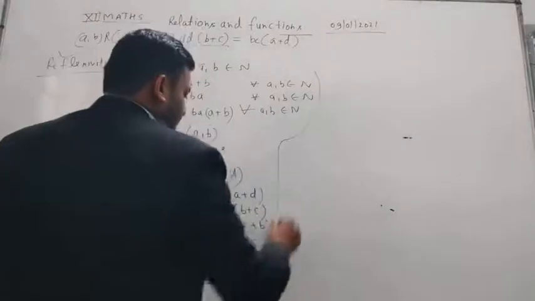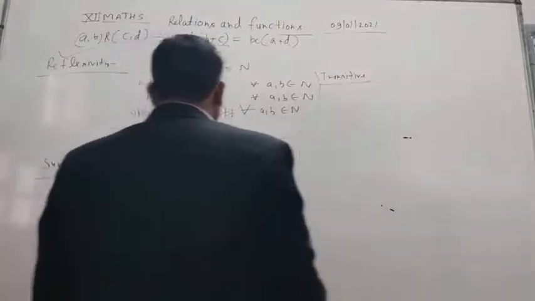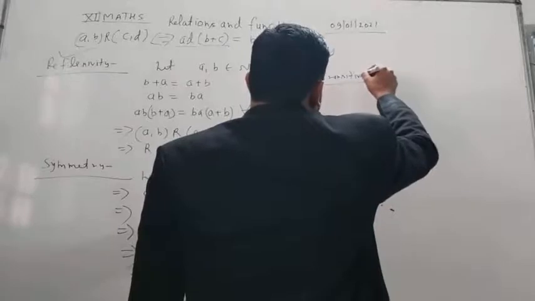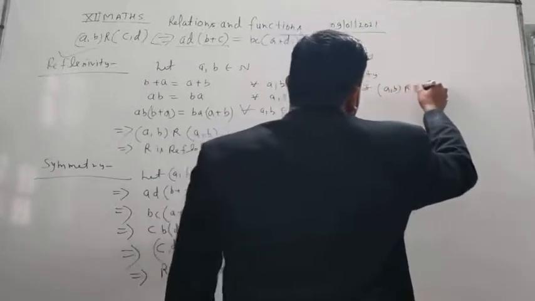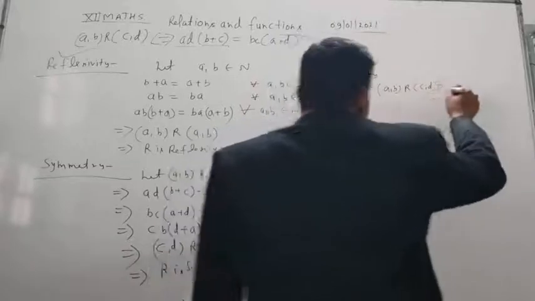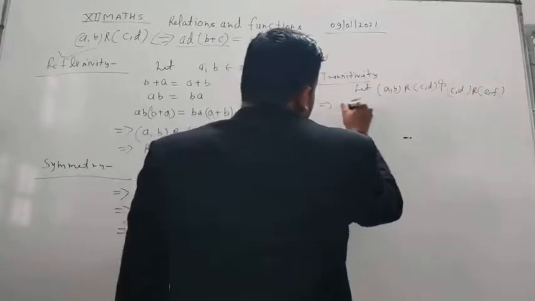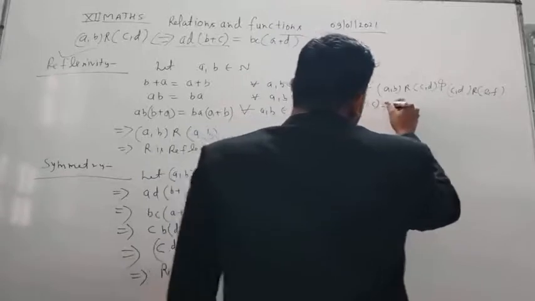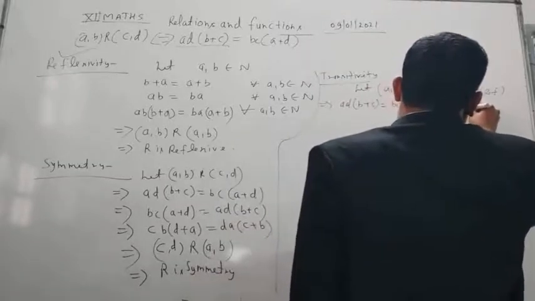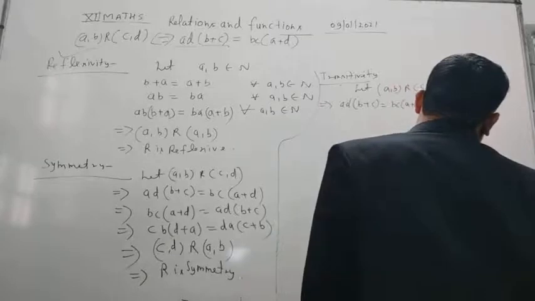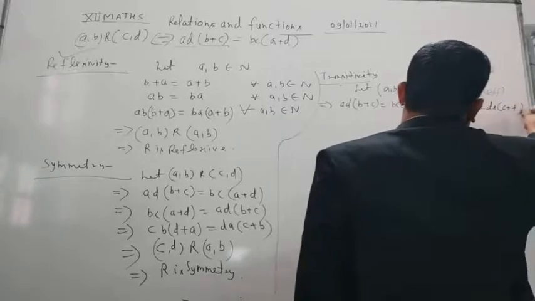Now the third part is transitive. For transitivity, let (A, B) be related to (C, D) and (C, D) related to (E, F). So here AD(B + C) = BC(A + D), and CF(D + E) = DE(C + F).